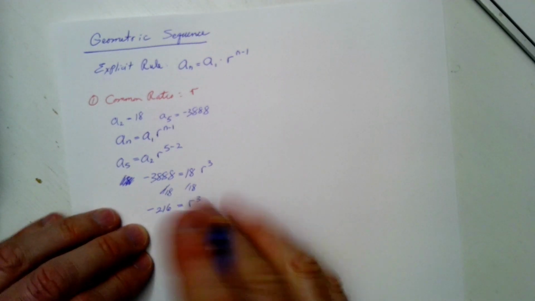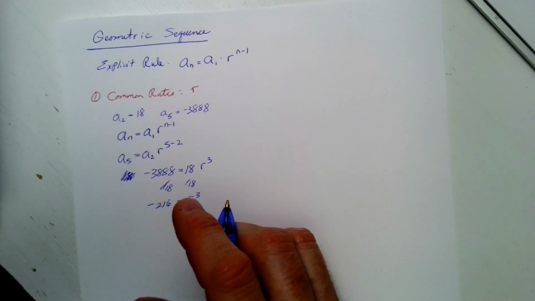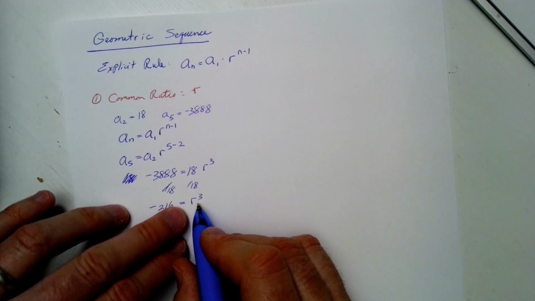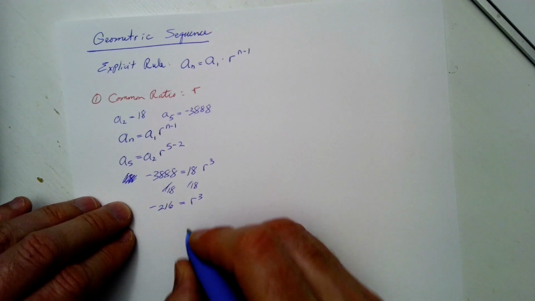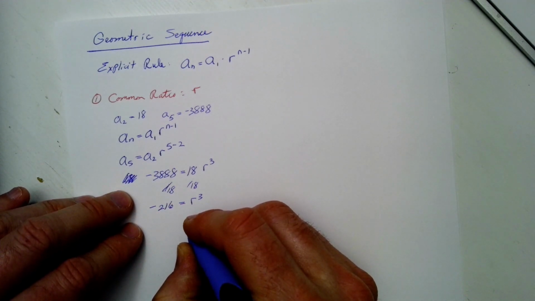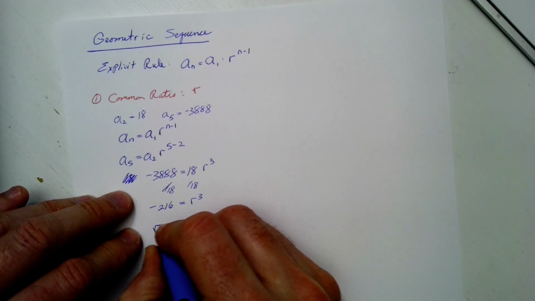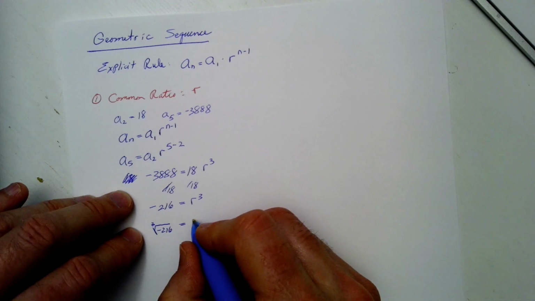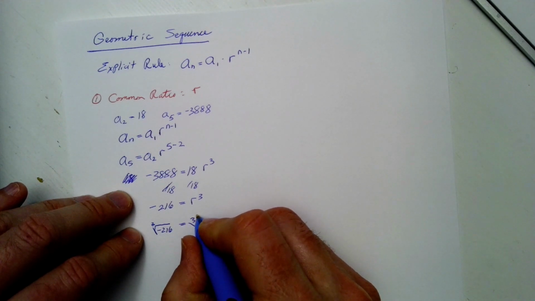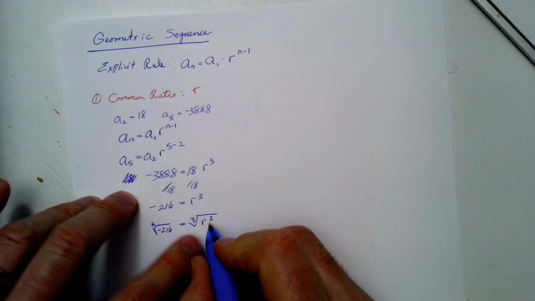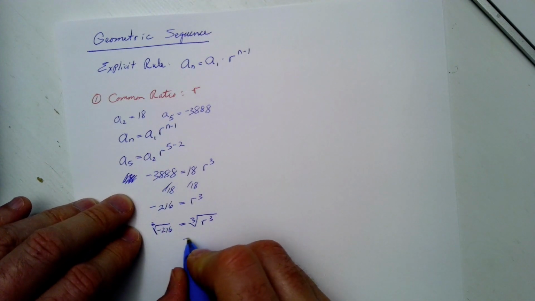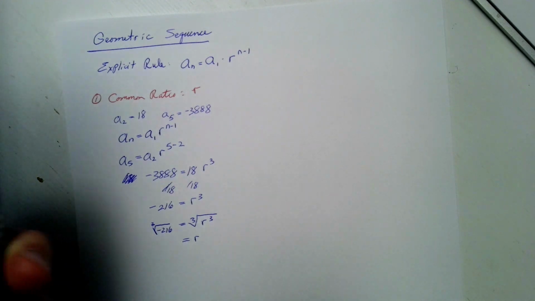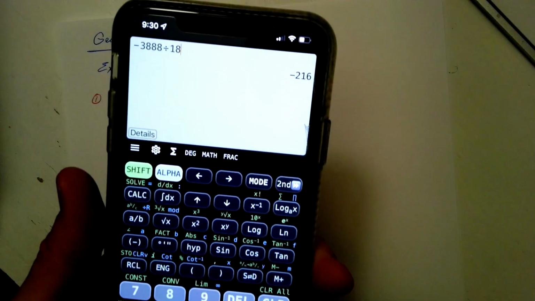So now what we're going to do is a cube root to get r. On both sides we're going to be doing this: the cube root of negative 216 and the cube root of r to the 3, which is going to give us r. I'm not sure what the cube root of negative 216 is.